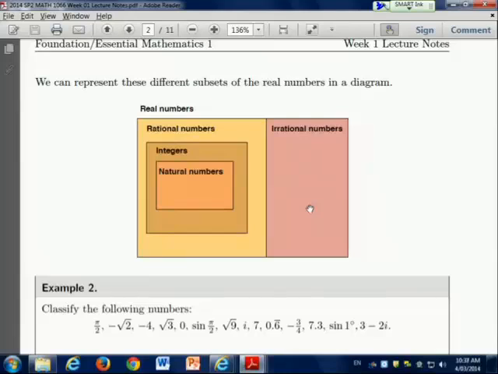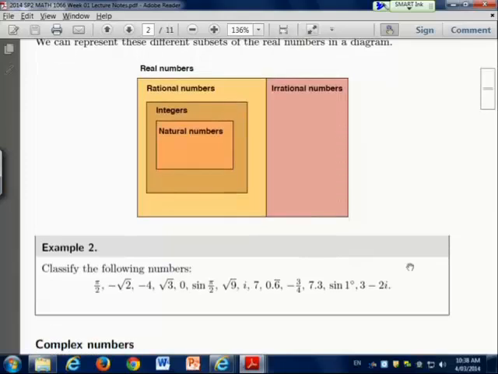Every natural number is a real number. So the set of natural numbers is inside the set of integers, which is inside the set of rational numbers. But numbers are either rational or irrational, so they don't overlap. That's why they are separate parts of this diagram. And real numbers are either rational or irrational. So the whole set of real numbers falls into one of these two categories.